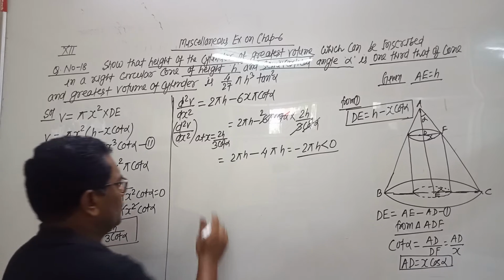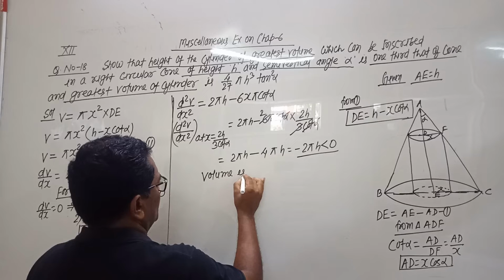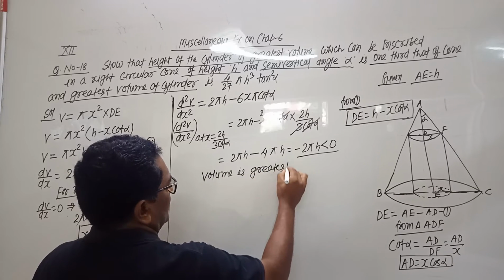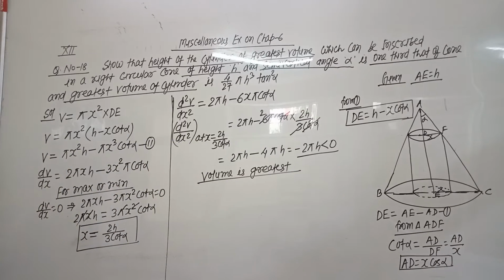So it has been proved that the volume is maximum. Maximum means greatest. The cylinder has greatest volume.